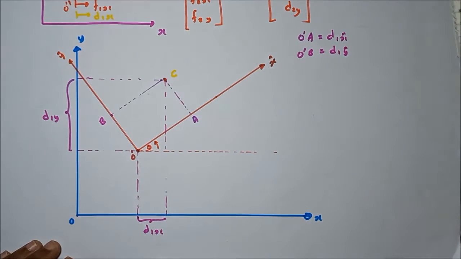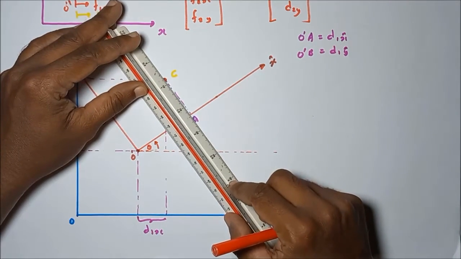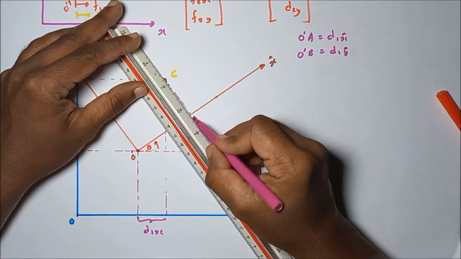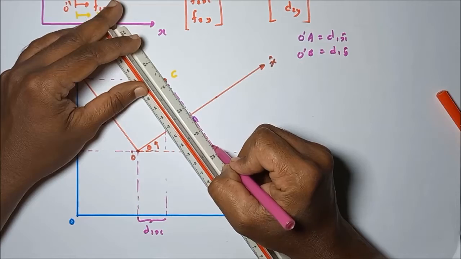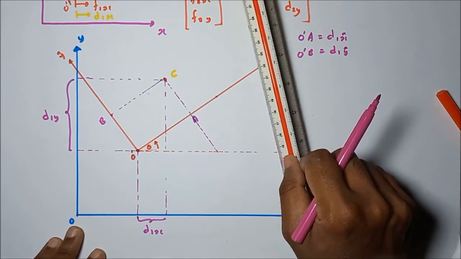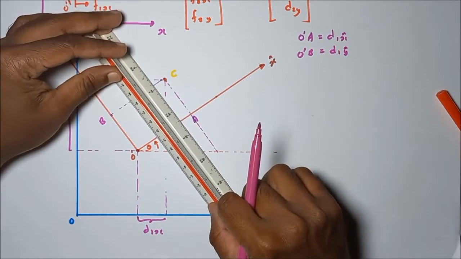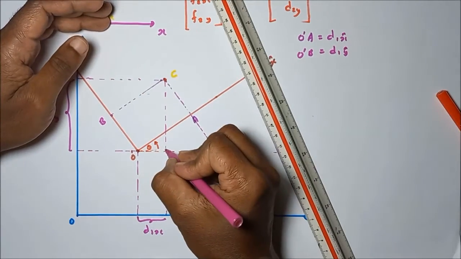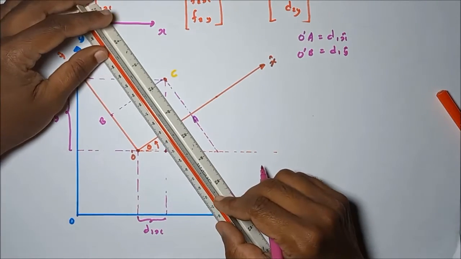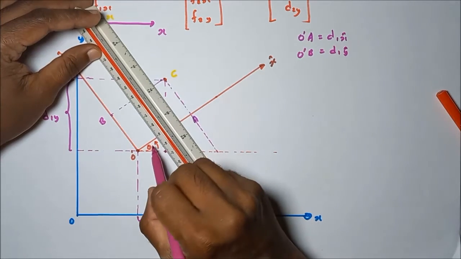Let's do some geometric constructions. I'm going to extend this CA line. Again I'm going to draw a perpendicular line from this point to this line.